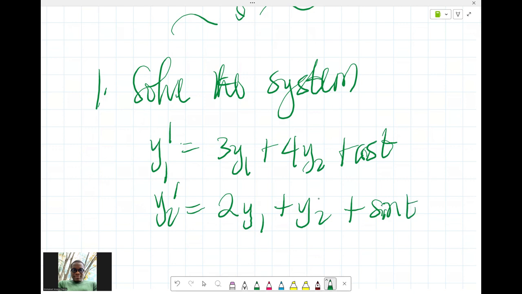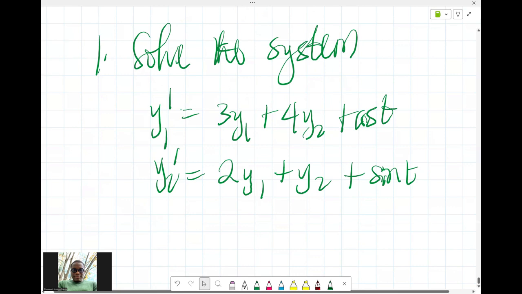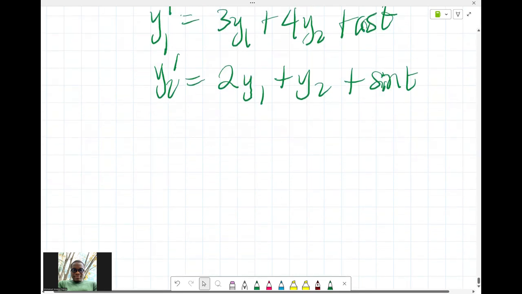The forcing terms in this case are sine and cos, so you can actually deal with them together.